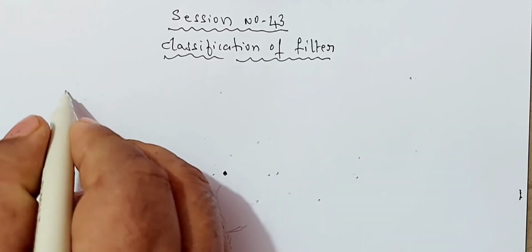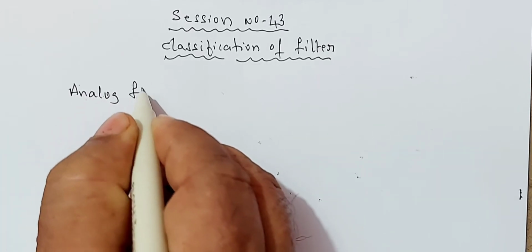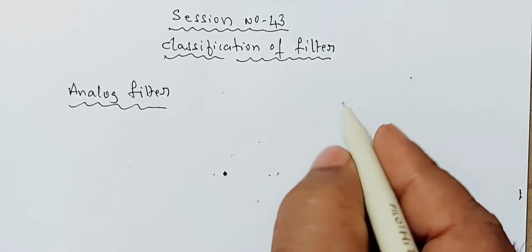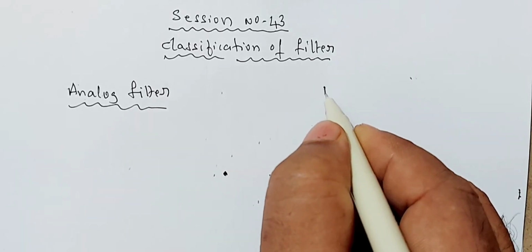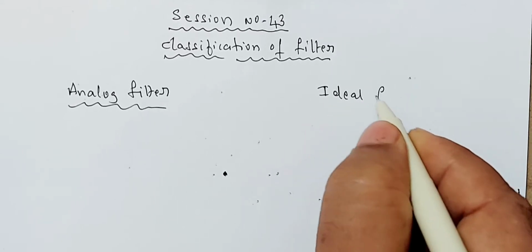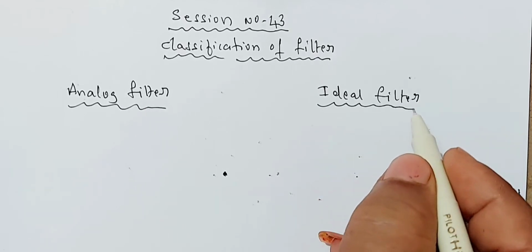First, I will write the different types of filters. Analog filter on the left side, and the ideal filter on the right side.